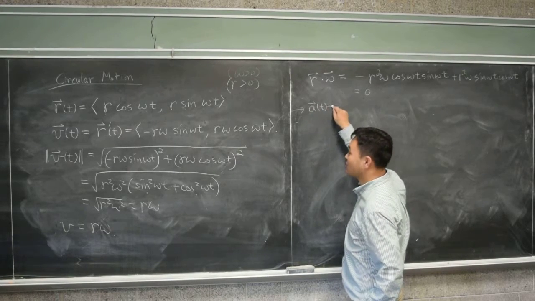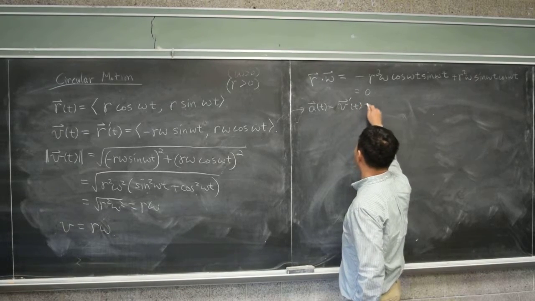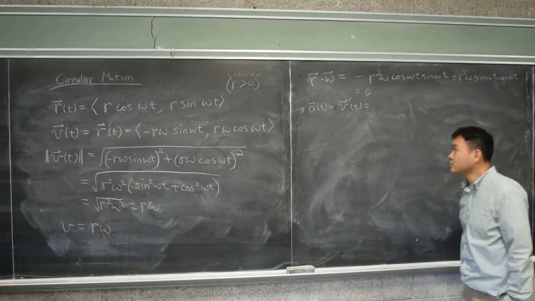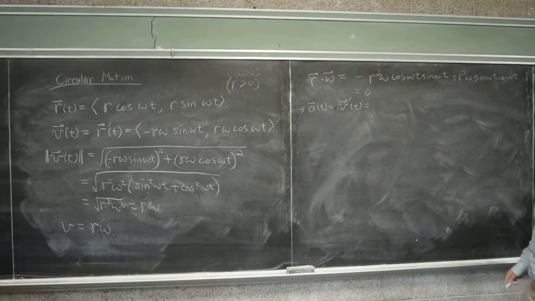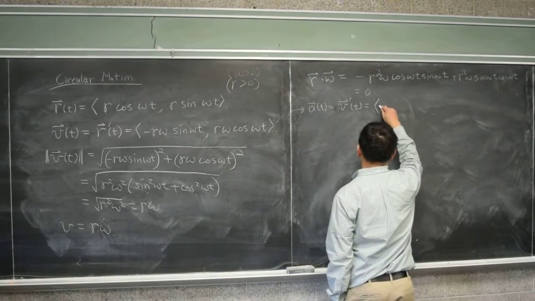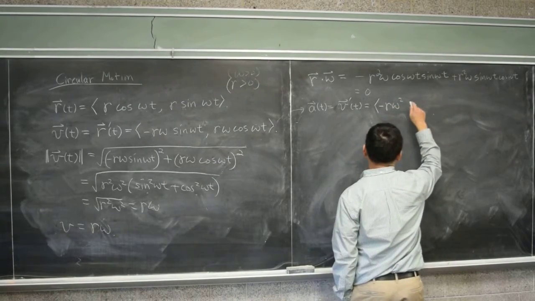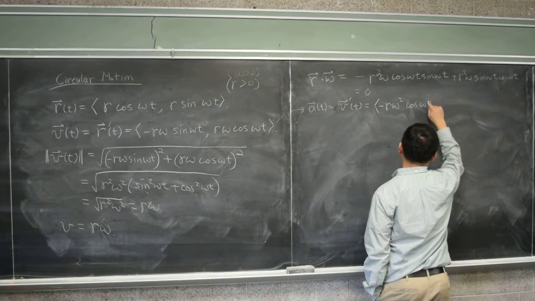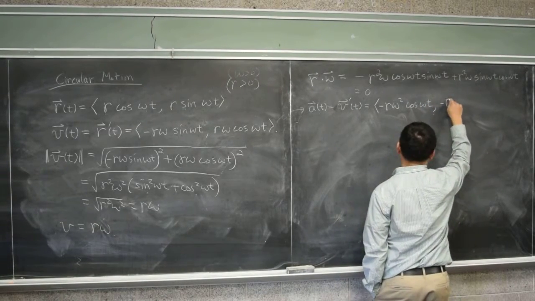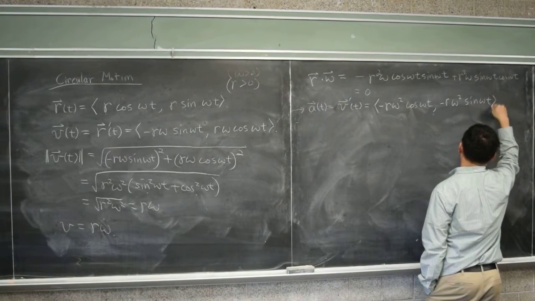Acceleration vector is v prime of t. And if I differentiate this, that's negative r omega squared cosine omega t, negative r omega squared sine omega t.